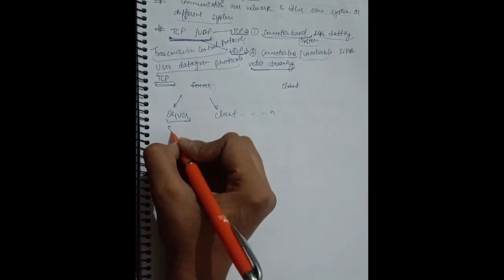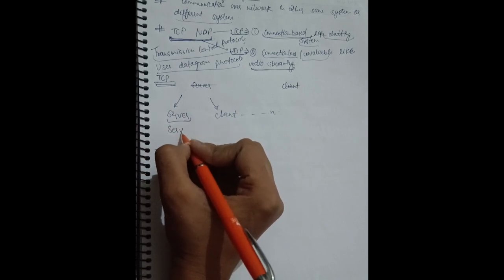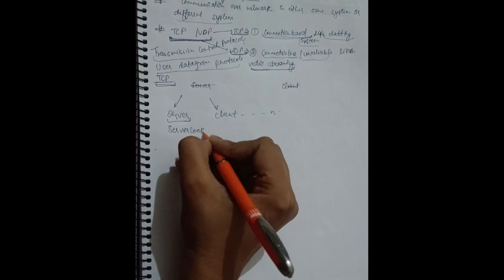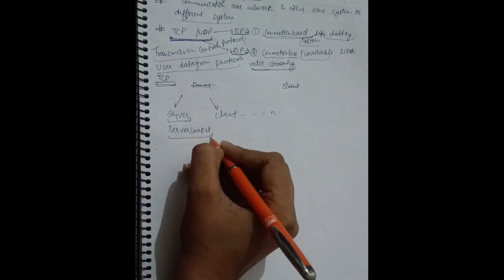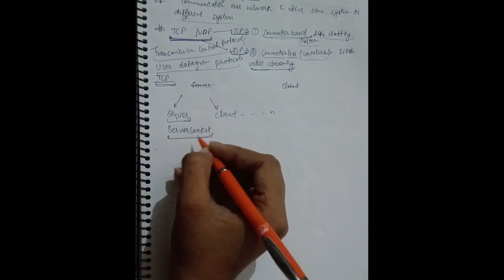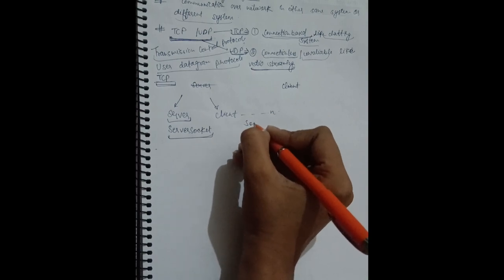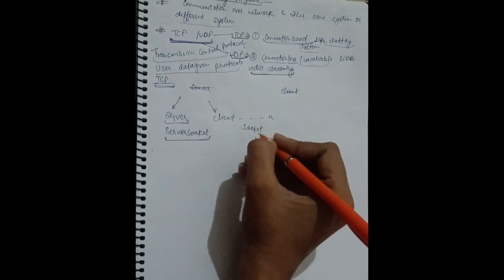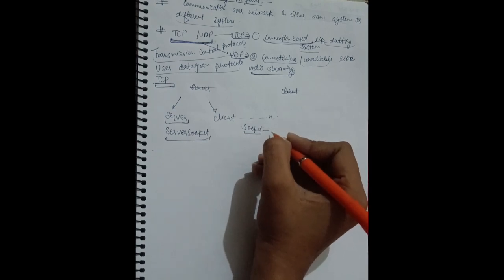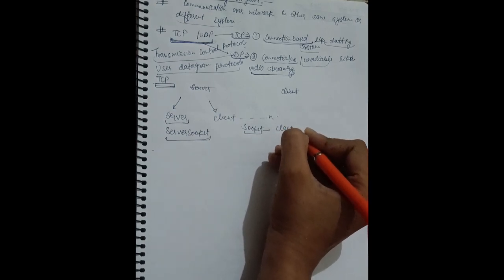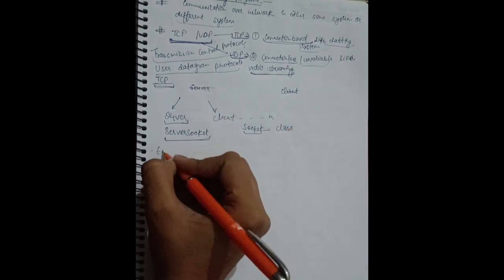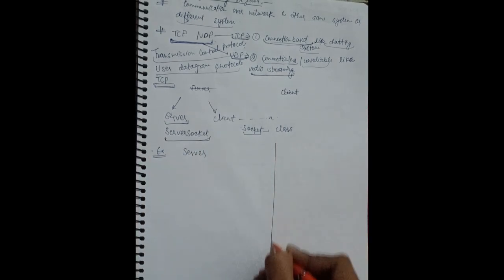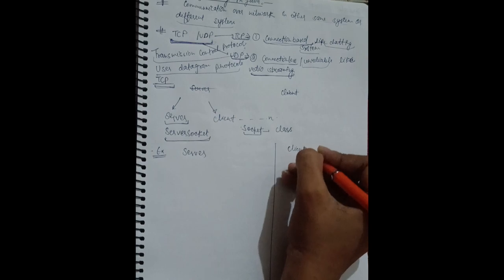For creating the server there is a class ServerSocket, which is used for creating the socket for the server, and for the client there is a class Socket, which is used for creating the client socket. So here is an example: this is the server code and this is the client code.